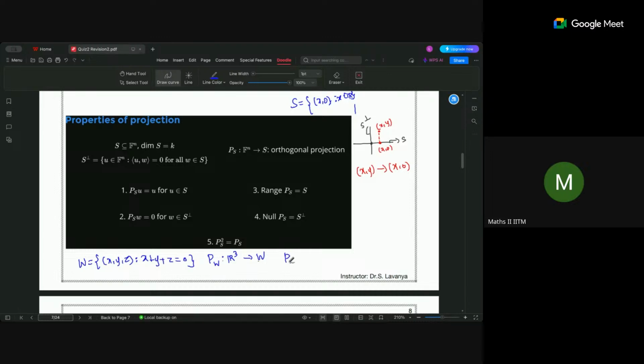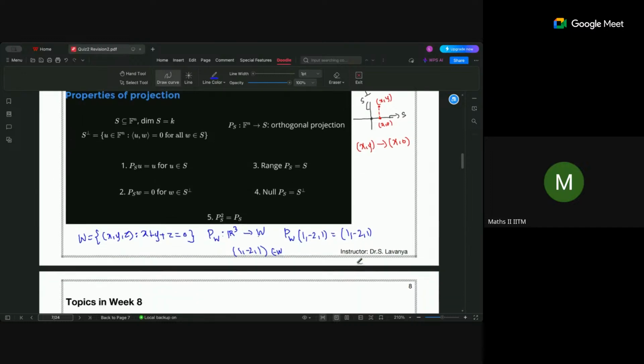Now can you tell me what is P of (1, -2, 1)? Yes, because (1, -2, 1) belongs to W. If it is in the same space, the projection will be the same.